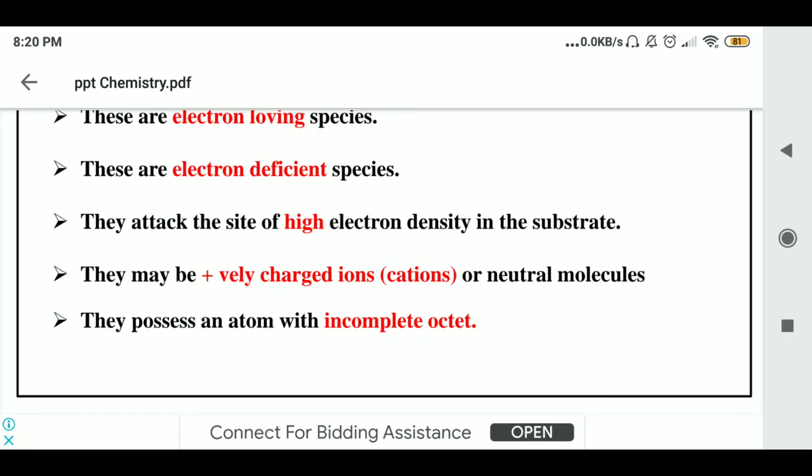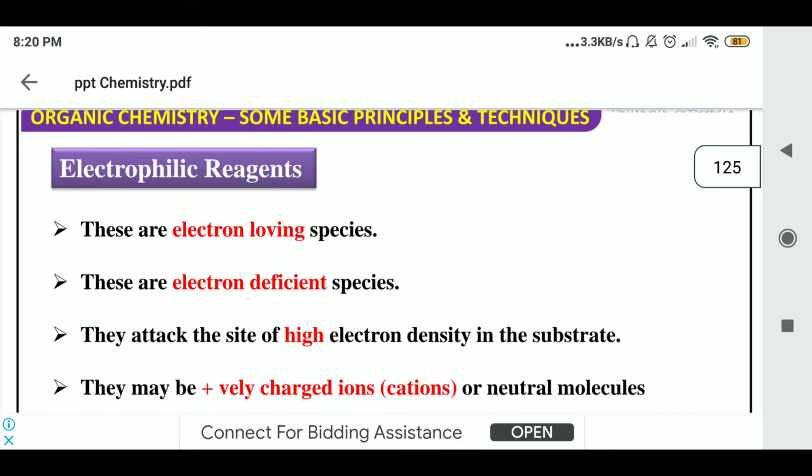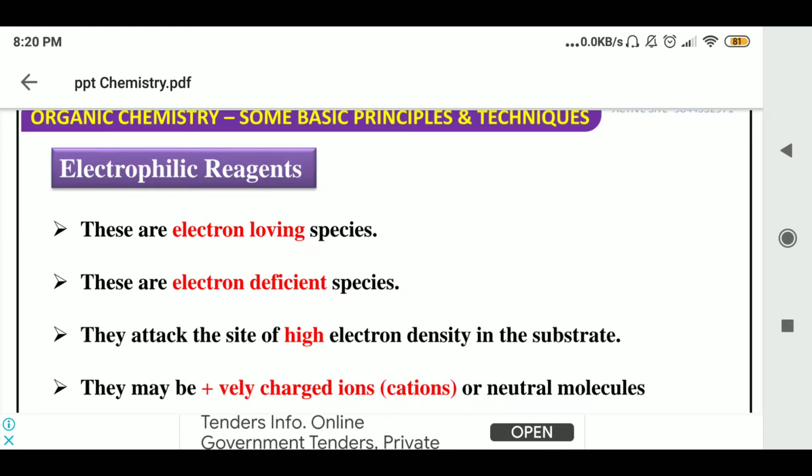So now talking about electrophiles, what are electrophilic reagents? Electrophilic reagents are electron loving species. Philic means electron loving. These are electron deficient species and they attack the site of high electron density in the substrate, and they may be positively charged ions or neutral molecules. Children, it is a simple thing, I always say that oppositely charged ions always attract each other.